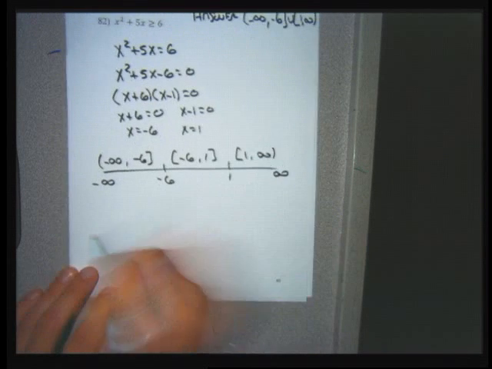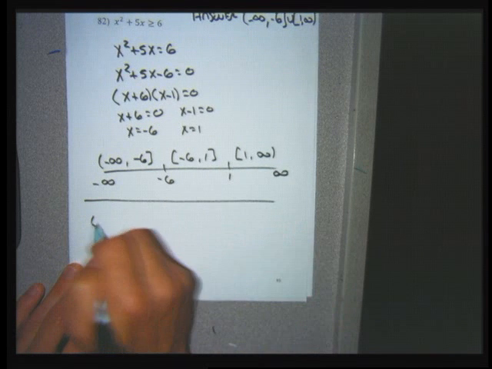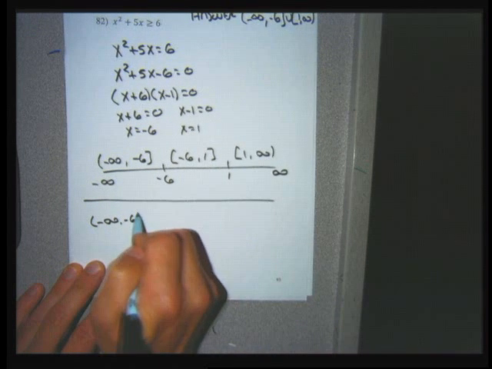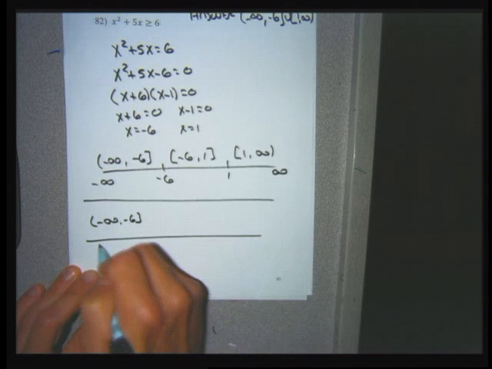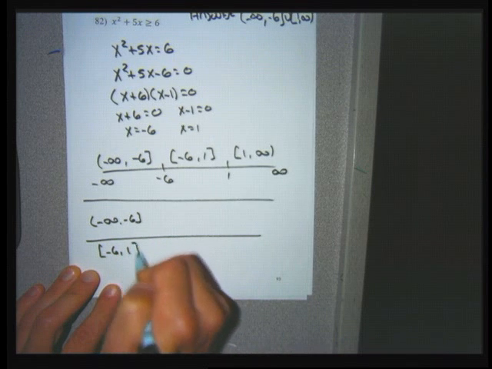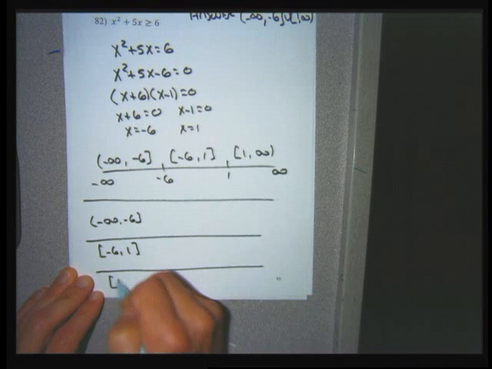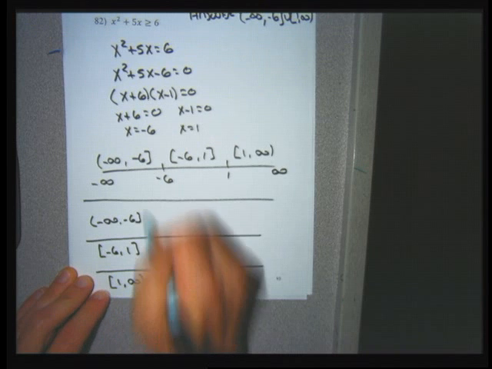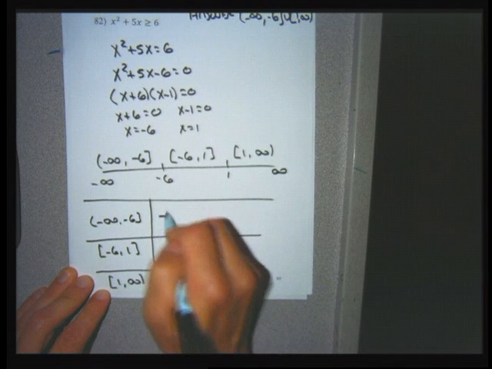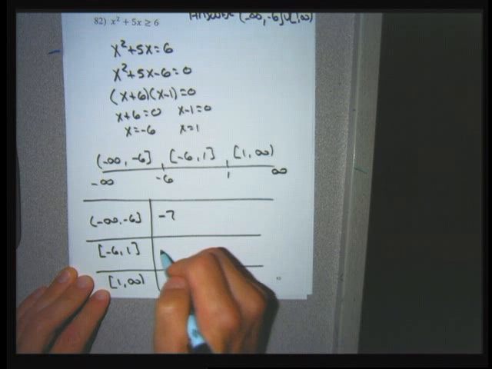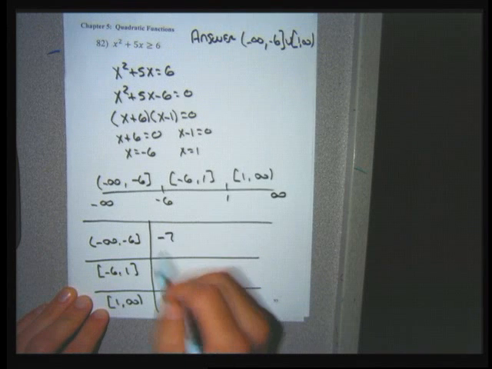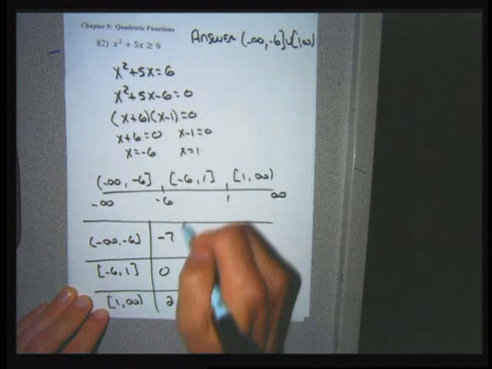Create my chart. First interval, I'm going to check negative 7. Second interval goes from negative to positive, so I can check 0. Last interval, I'm going to check 2.